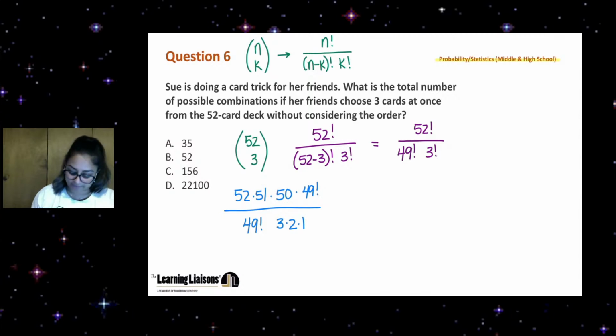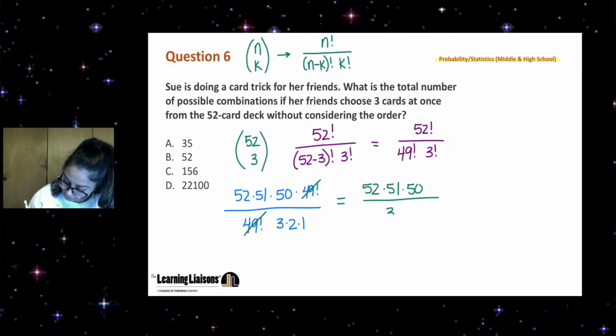The cool thing here is the 49 factorial in the numerator and the denominator can now be eliminated because it's 1. Anything over itself is 1. So now we're just left with 52 times 51 times 50 all over 3 times 2. I'm not going to write the 1. So we're left with a denominator of 6.